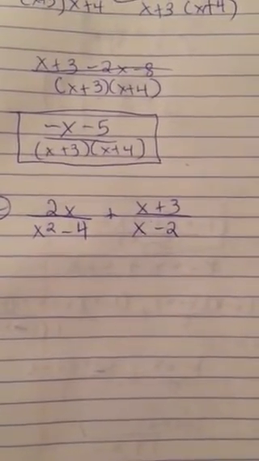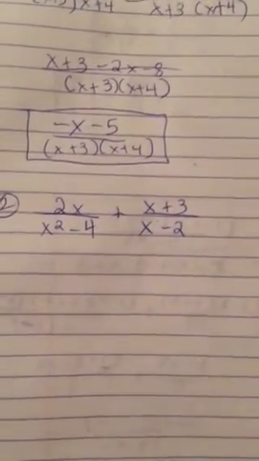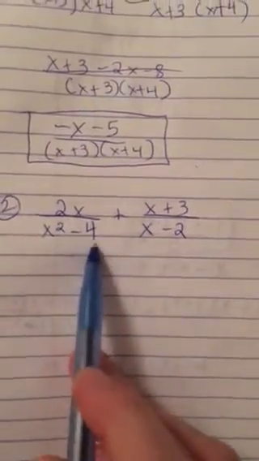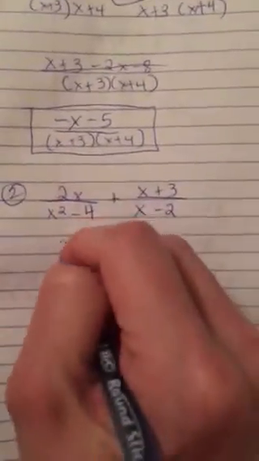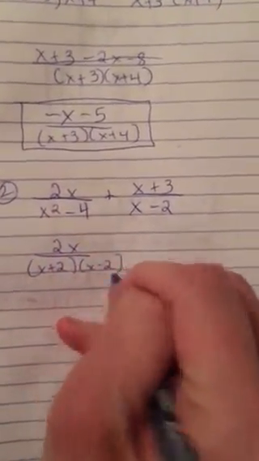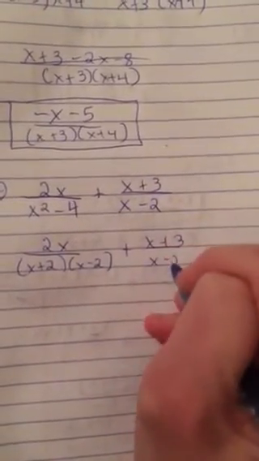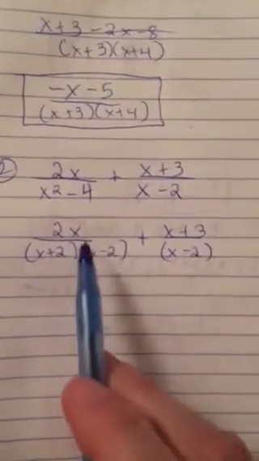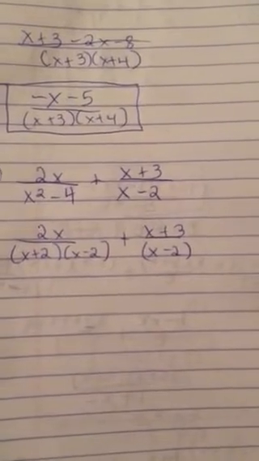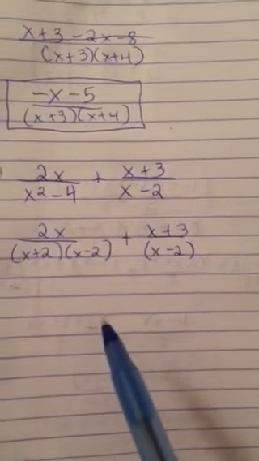But there's actually something that's in common down here, and hopefully you're noticing that now. Let's just take a look at this expression. Let's see what happens if I factor it out. So if I factor out that expression, I get x plus 2 and x minus 2, right? Plus an x plus 3 over x minus 2. Notice how both these fractions have an x minus 2 in common. That means if I want to make my denominators the same, I don't have to do that much multiplication.